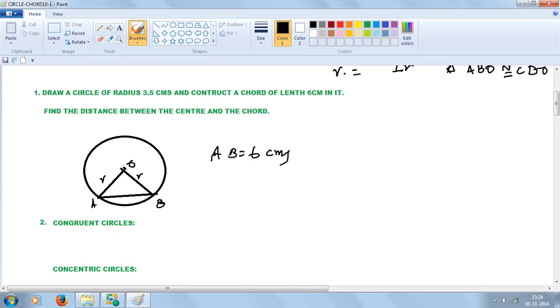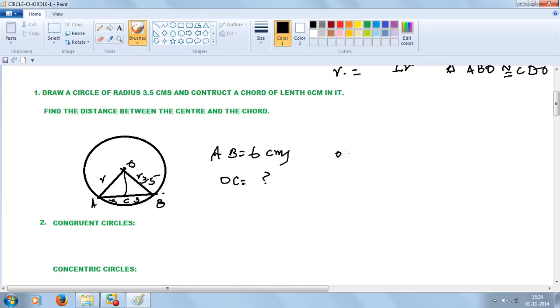The distance between the center O and chord AB means the perpendicular distance. This perpendicular divides the line AB into two portions. So we have to find OC. AB is 6, so BC is 3. This is 3, this is 3. We know the radius is 3.5. Then we can find the perpendicular distance.